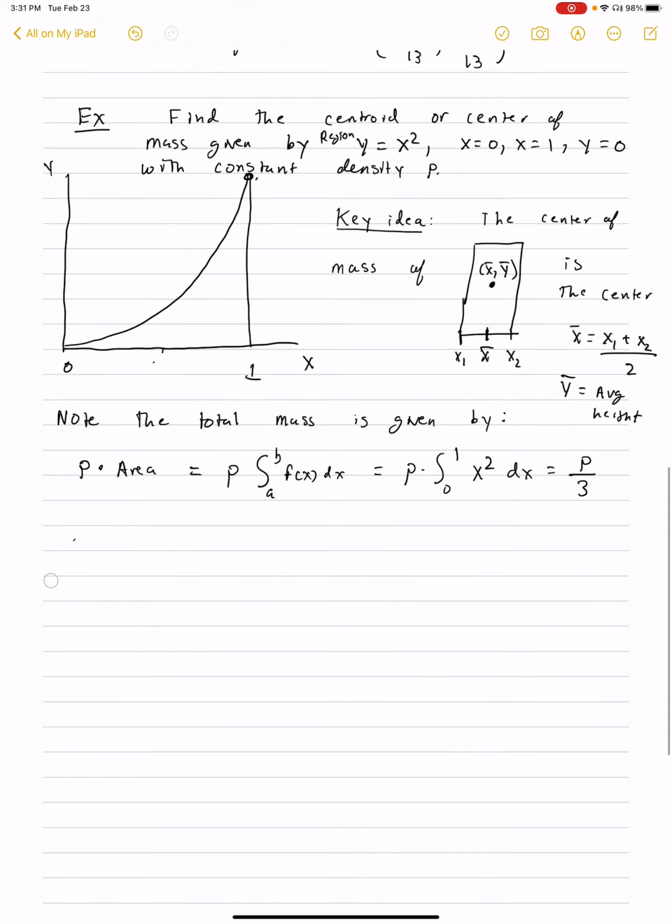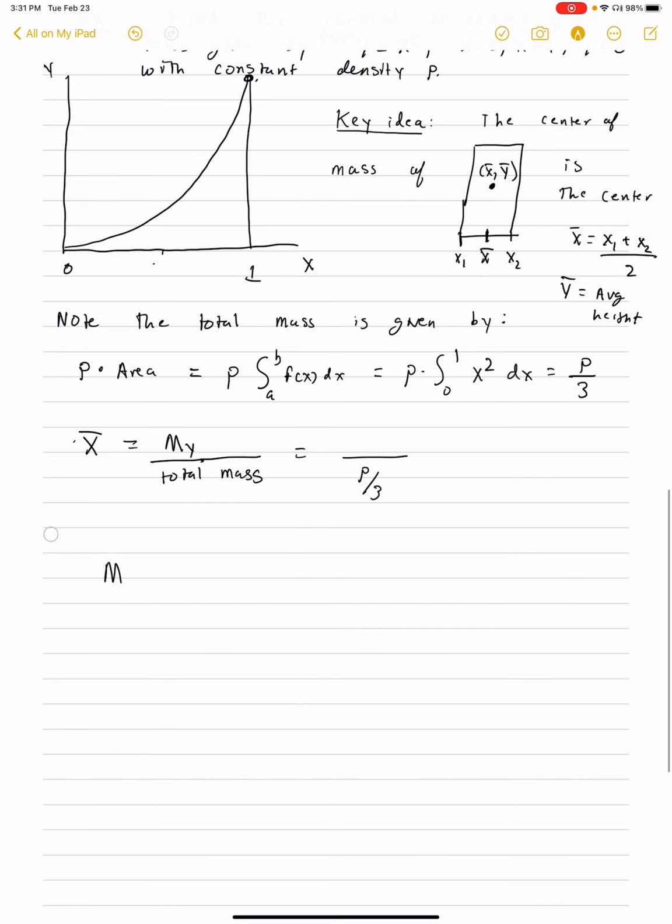Now, we have seen that the center of mass in x is going to be m sub y divided by the total mass. We know what the total mass is: it's rho over 3. Now, all I have to do is find m sub y. That's all that I need to know.